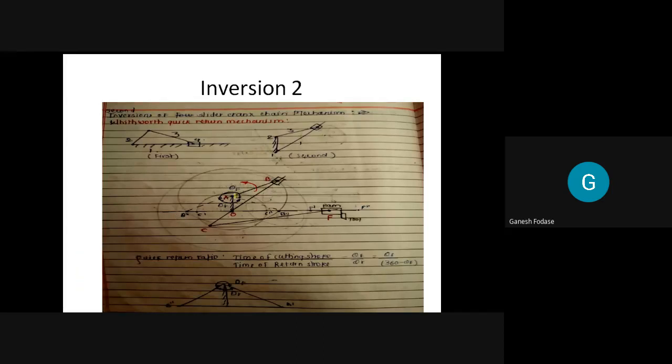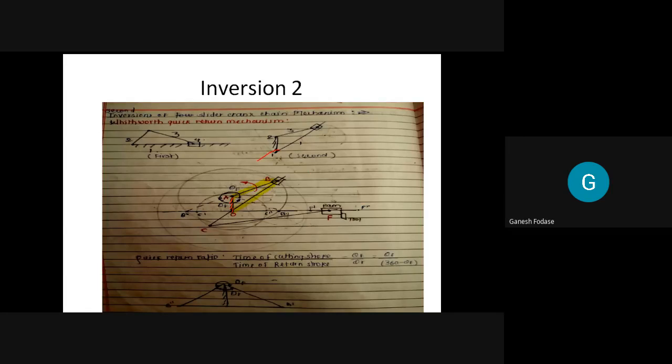This is our basic structure, the basic slider crank chain mechanism in which OA is the fixed link. In order to use this mechanism, we extend link OB up to point C.